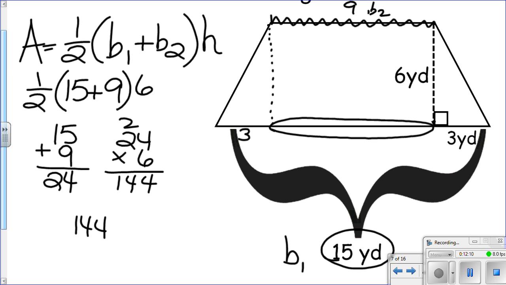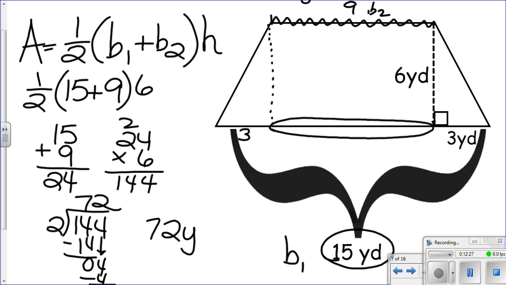And then I will divide by 2. That's because this formula has a half in it. 2 into 14, 7. 2 into 4 twice. 72 yards squared.